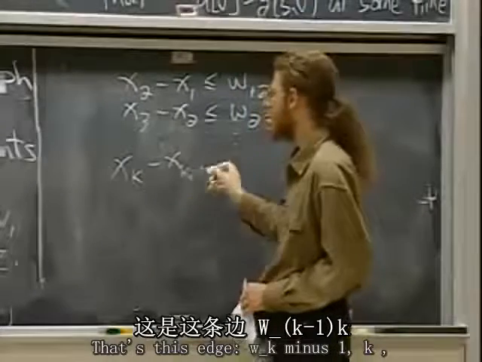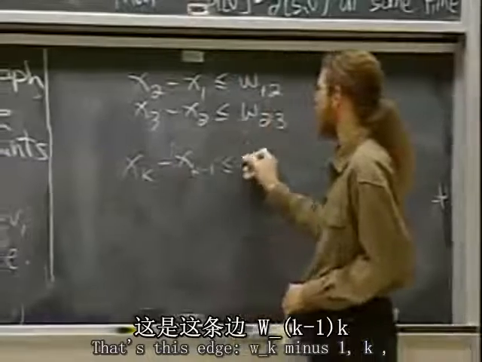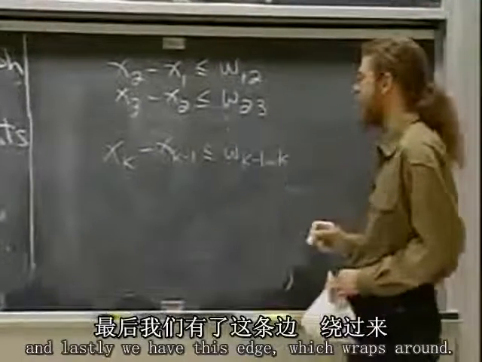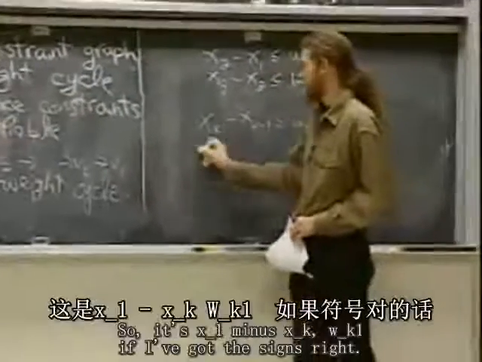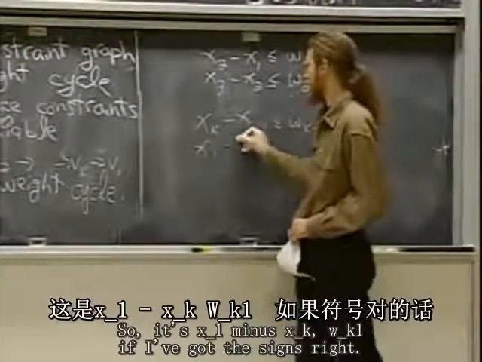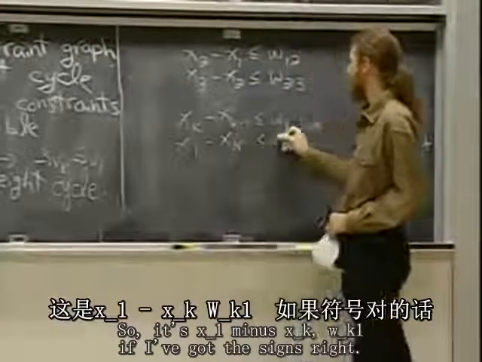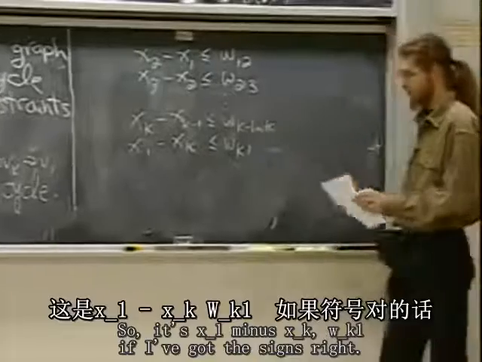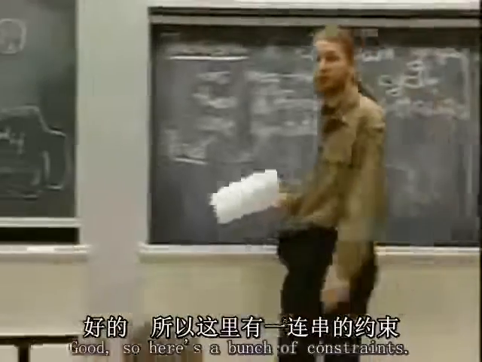So that's this edge, W(k-1)k. And lastly, we have this edge, which wraps around. So it's x1 minus xk, Wk1. Got the signs right? Good. So here's a bunch of constraints. What do you suggest I do with them?